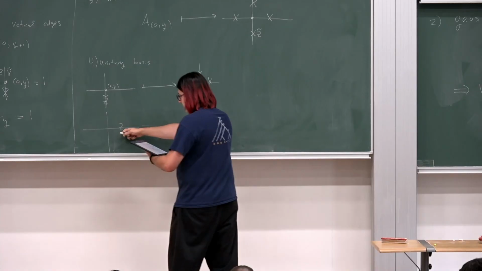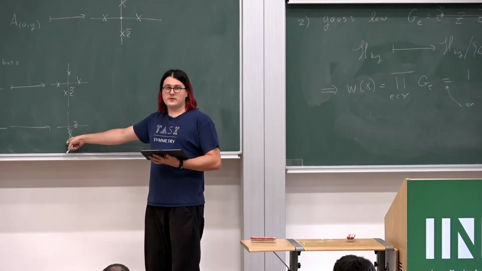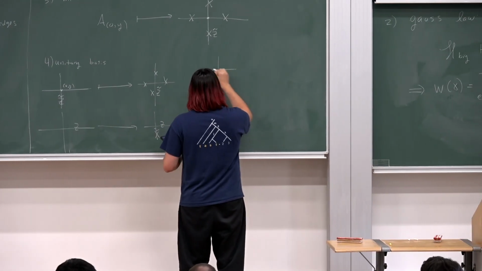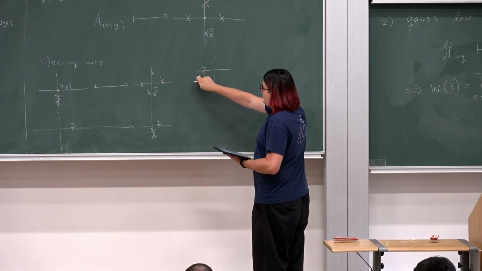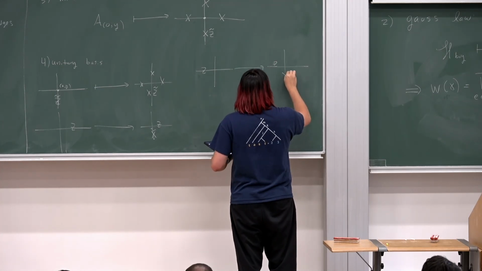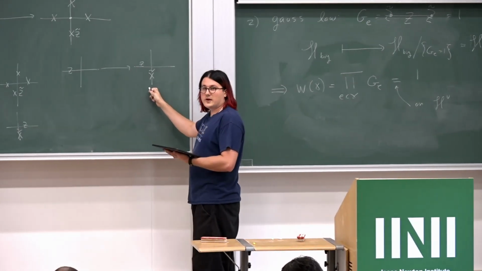For this z on this horizontal edge, I'm going to have it get modified to this. So now there's an x tilde acting down here. For the z on this other horizontal edge, I'm going to have it get modified to this. So it's just like this, but now the x tilde goes to the right instead of the left.